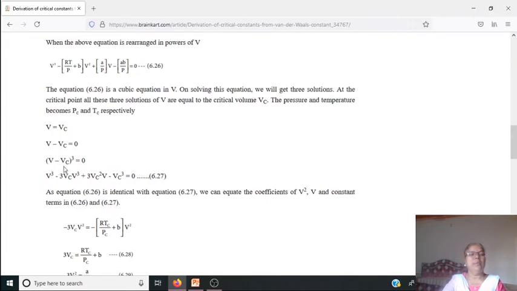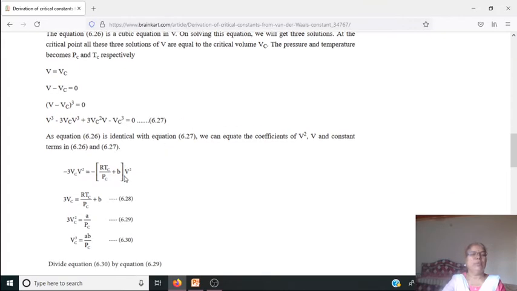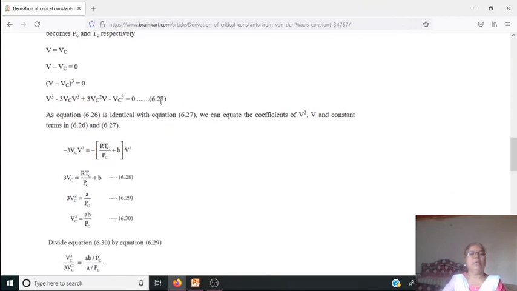Therefore, (V minus Vc) whole cube is equal to 0. And expansion of this equation gives V cube minus 3 Vc into V square plus 3 Vc square into V minus Vc cube is equal to 0. This is our equation number 6.27.